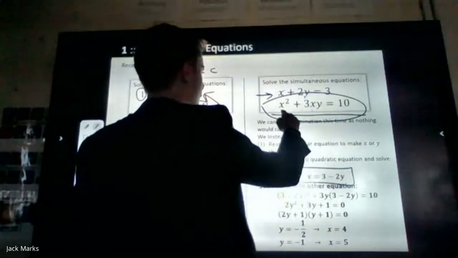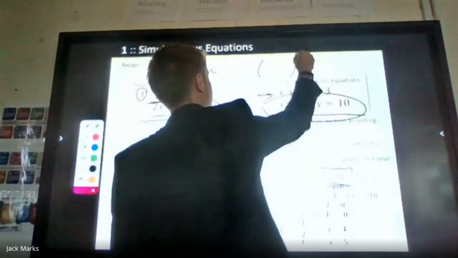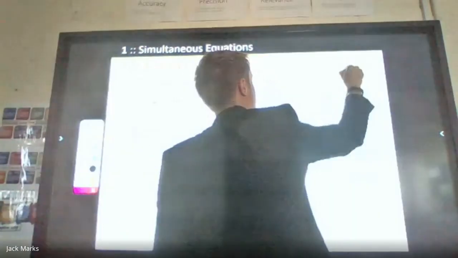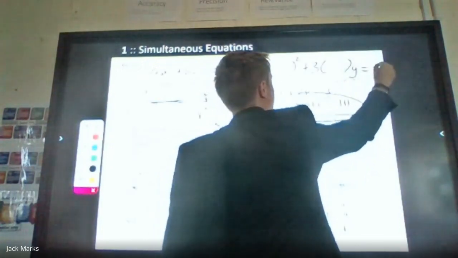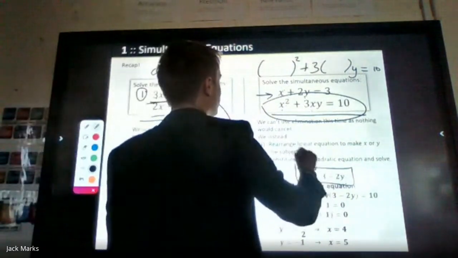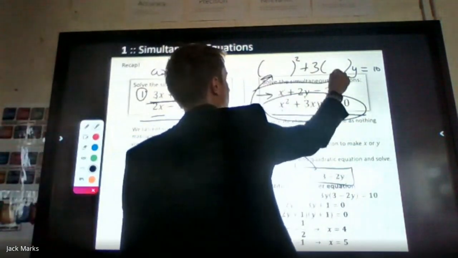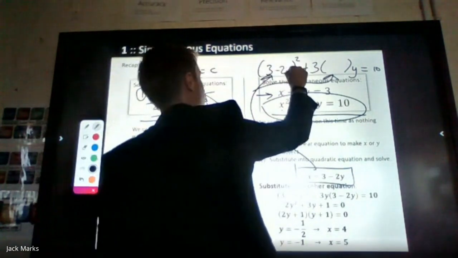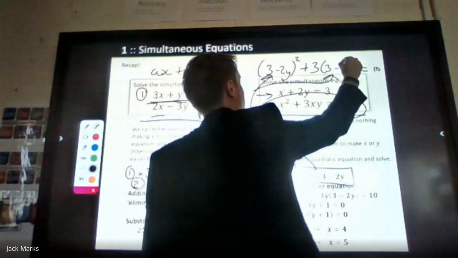So what do I mean? I mean this. So x squared becomes bracket squared, plus 3xy becomes plus 3 bracket y equals 10. And then you can put your substitution in there. So into these brackets goes your substitution, 3 minus 2y, 3 minus 2y.